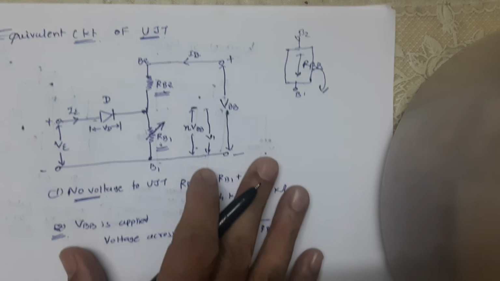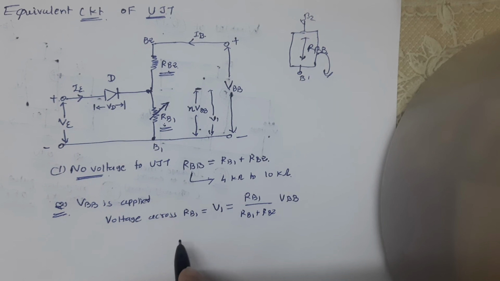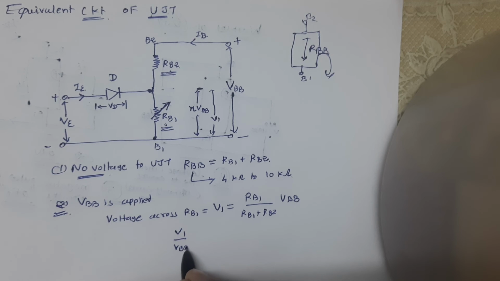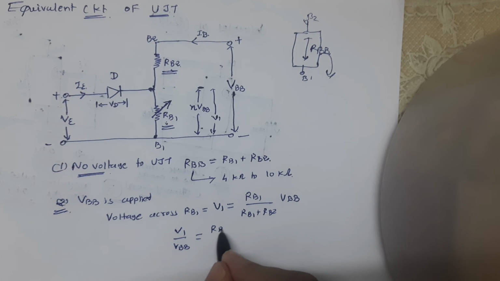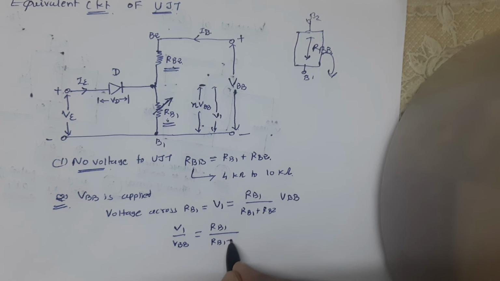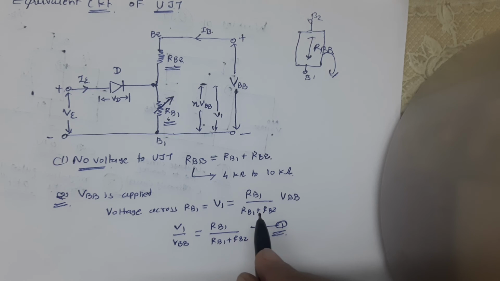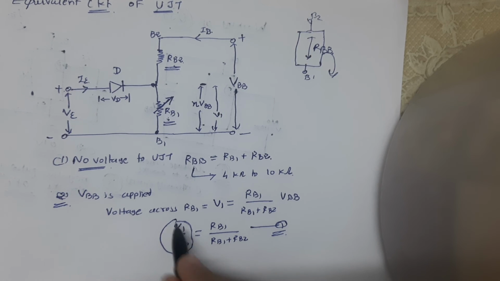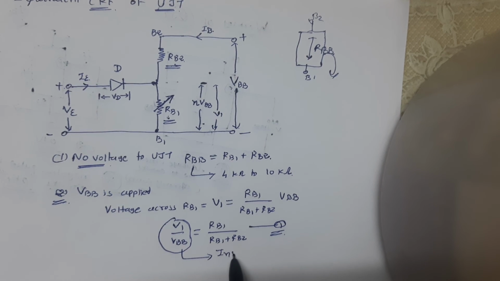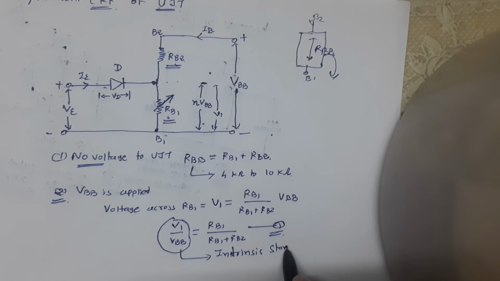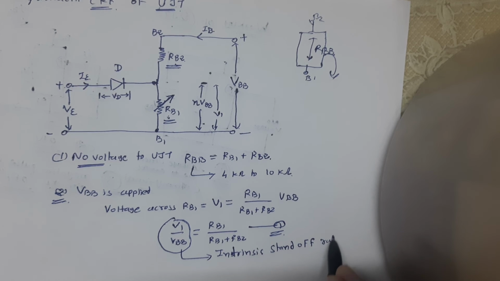We can also write V1 upon VBB equal to RB1 upon RB1 plus RB2. The ratio V1 upon VBB is called the intrinsic standoff ratio, and it is represented by eta.